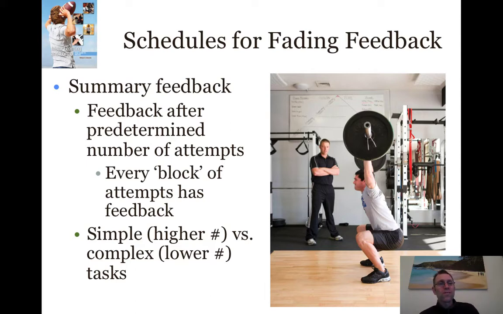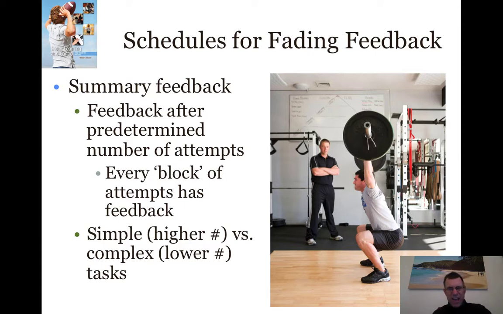Schedules for fading feedback. Fading feedback is about how often we should provide feedback in terms of blocks of attempts. The general strategy is, the more complex the task is, the more often you give feedback, maybe every 2 to 3 trials.